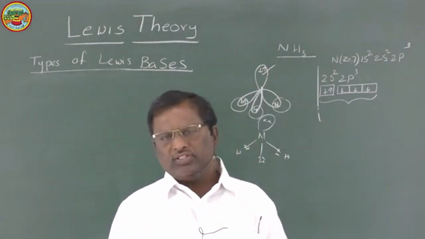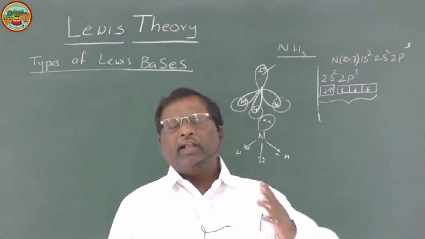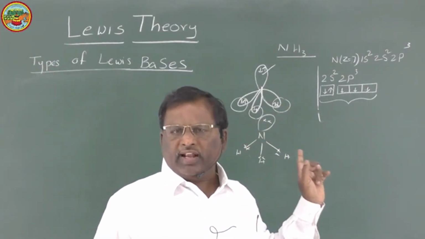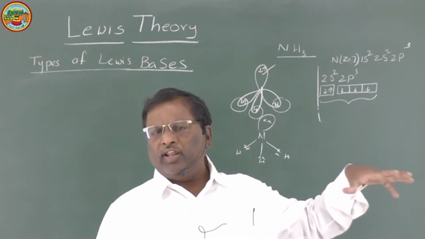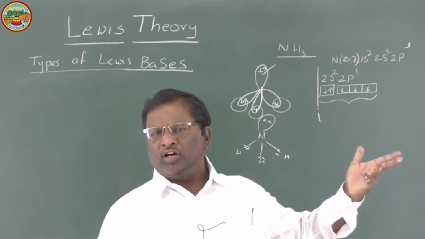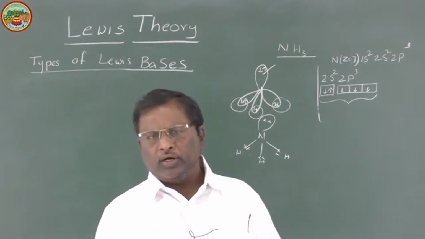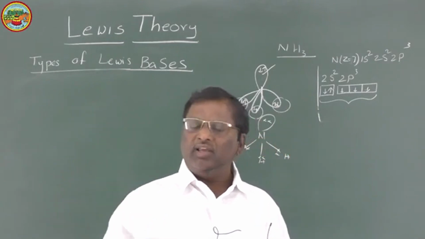Such molecules can donate that pair to form a bond. In nitrogen's valency shell we have 4 pairs; 3 pairs are already involved in bonding, and the 4th pair is not involved, so naturally that pair has the intention to form a bond, provided any species has an empty orbital.